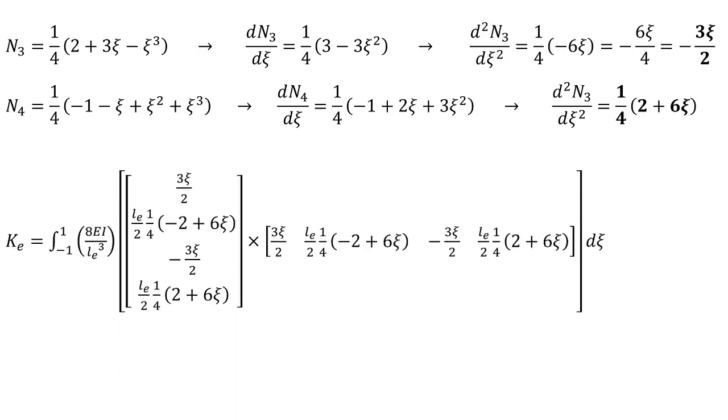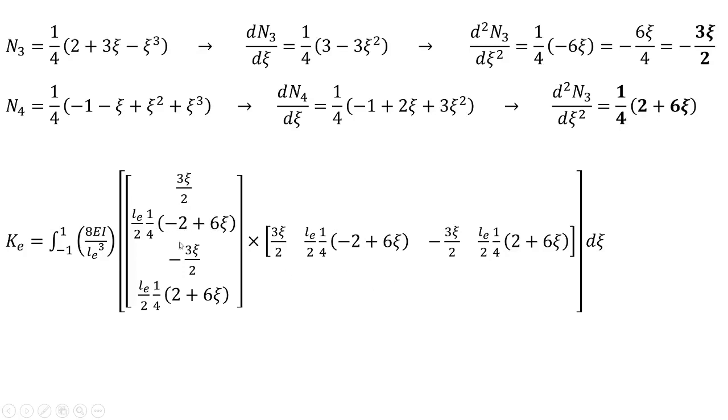Now substituting all these 4 values into the equation, everything is the same: integration from minus 1 to plus 1, EI divided by L cubed. Now this is the value of d square N1 divided by d zeta square. Similarly here also, this is the value of d square N1 divided by d zeta square, and this is the value of d square N2 divided by d zeta square.